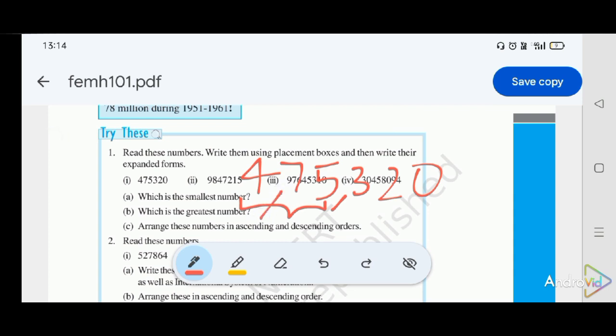If we take in case of Indian system, it would be 4,75,320.